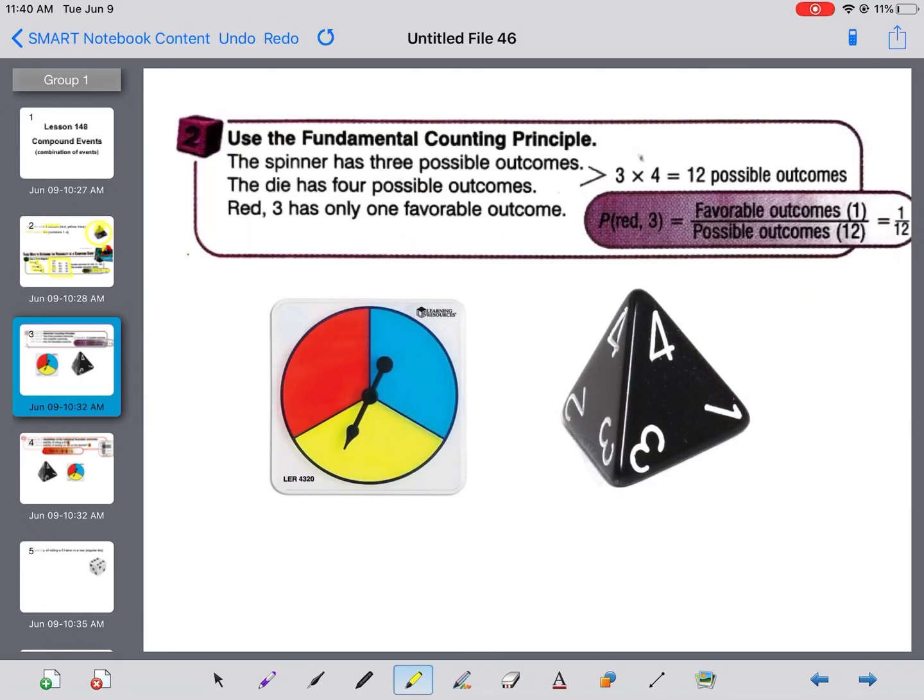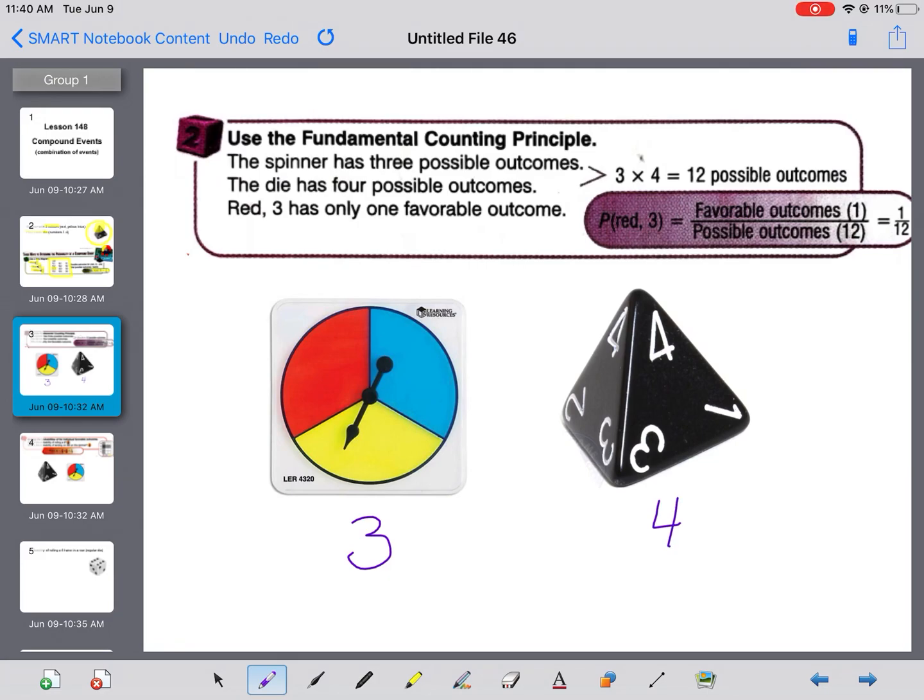A second way to do it, which also is going to be a bit of review, is to use the fundamental counting principle. Now, what you could do is think of the spinner. There are 3 sections on it, equal sections, so there are 3 outcomes on the spinner. On the 4-sided die, there are 4 outcomes.